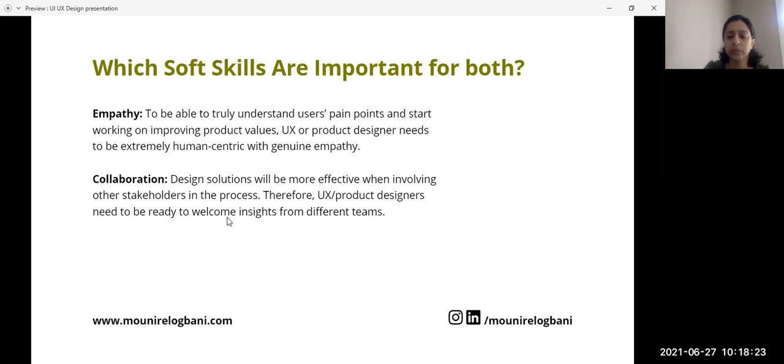Like if there is another UX designer or product designer or PM or marketers or any other team, in order to collaborate and also welcome their insights about the project.